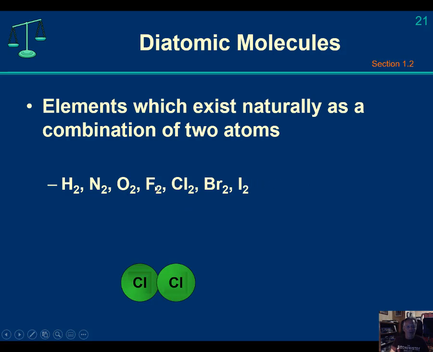All of these other atoms do exactly the same thing. They're inherently unstable as monoatomic atoms, so they hook up with another of their type as a diatomic molecule. Here is O2. You don't breathe just O, you breathe O2.